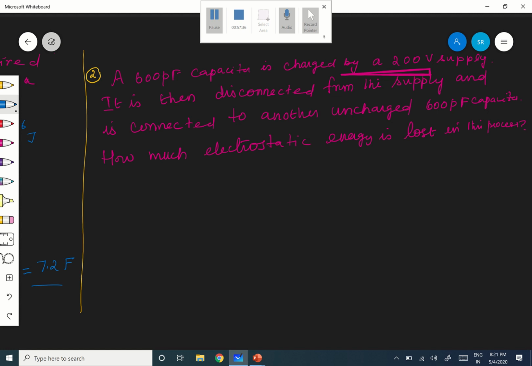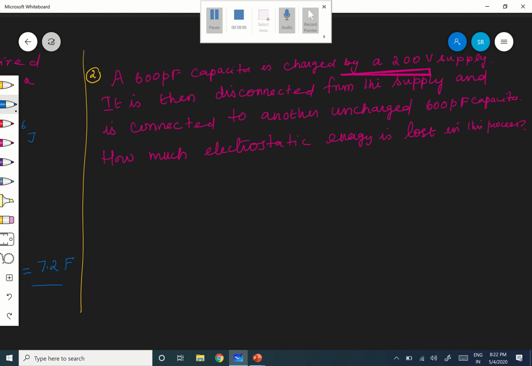Parallel only you have to take here. Nothing else is given, so they are connected in parallel, because we have seen everything with respect to parallel connections only. Once they are connected, there will be sharing of charge, and because of that, some energy will be lost.